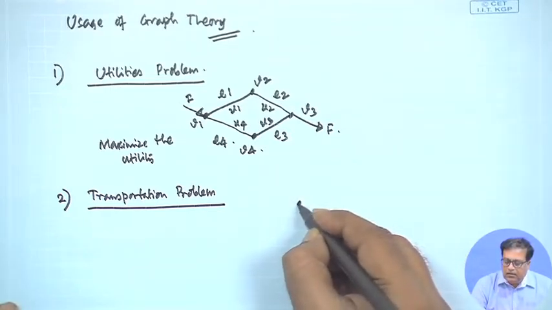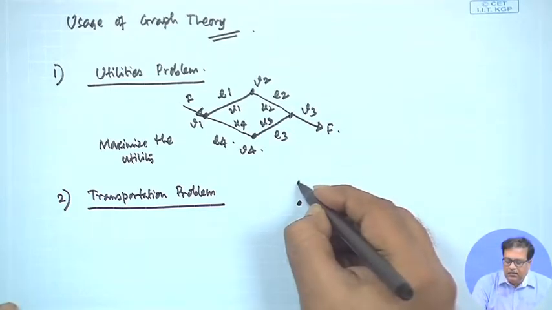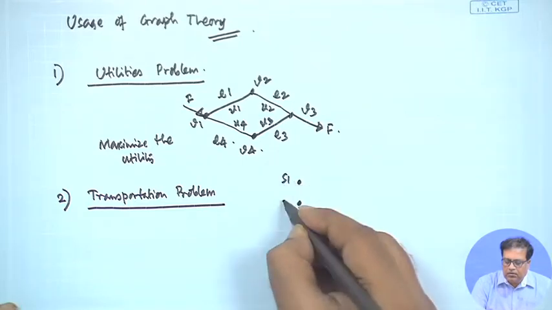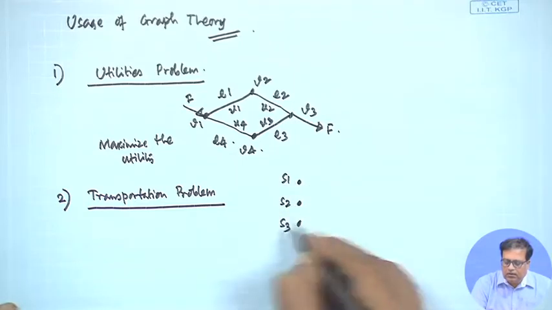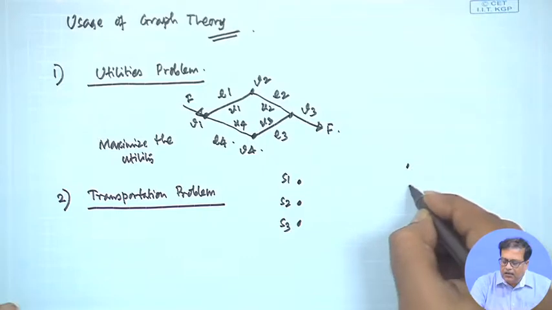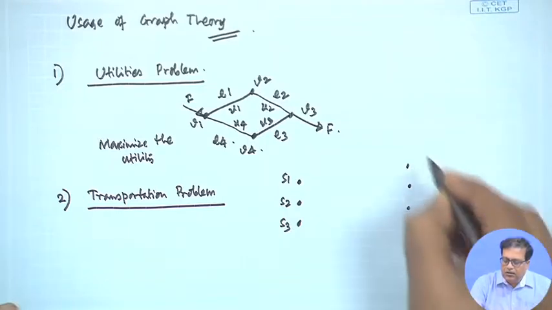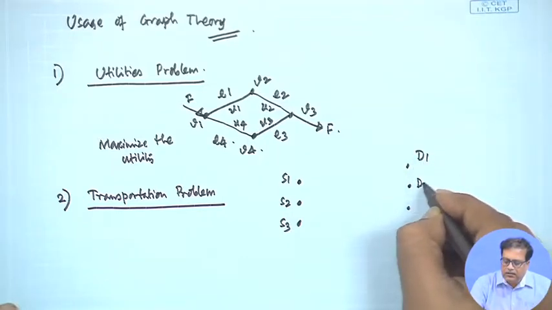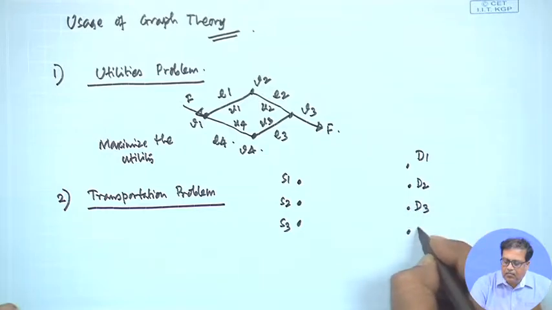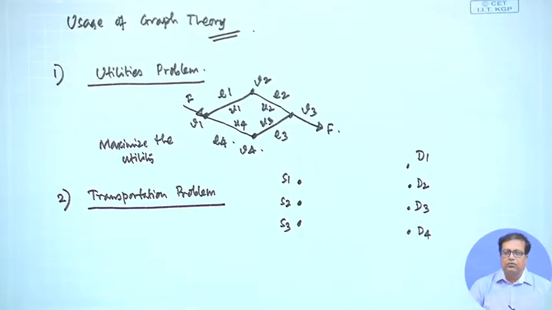So, you see there are several sources, source 1, source 3, source 2, and let us say there are also several destinations, source 1 to several destinations.